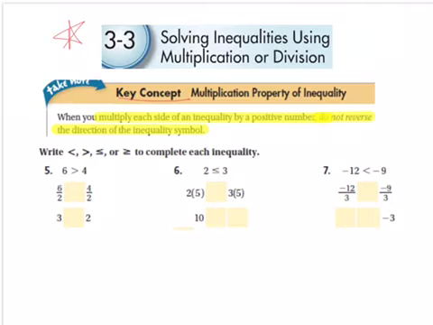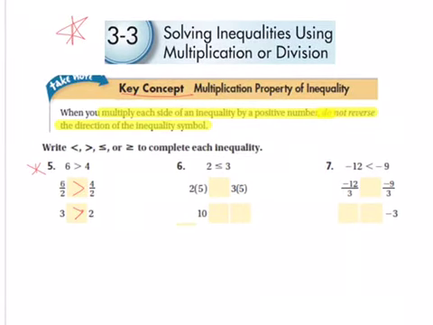So if we take a look here at number 5, we have 6 is greater than 4. 6 over 2 is going to be greater than 3 over 2. And 3 is going to be greater than 2. Okay, moving on here to number 6.